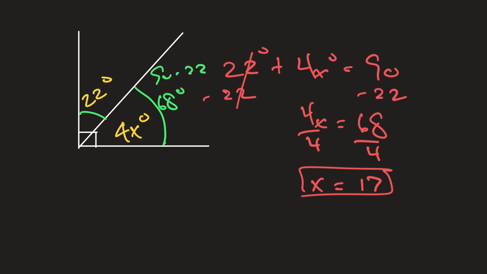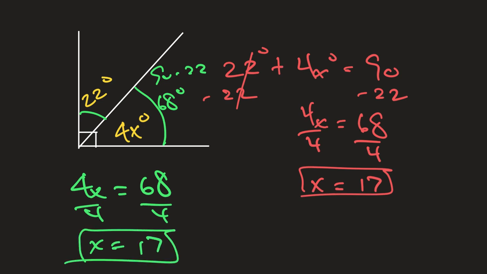And so you might say, I'm just going to take 4x and set it equal to 68 degrees. 4x represents that angle measure. I know that angle's got to be 68 degrees. So I'm just going to take 4x equals 68, divide by 4. I'm still obviously going to get 17, but maybe you want to take that route.